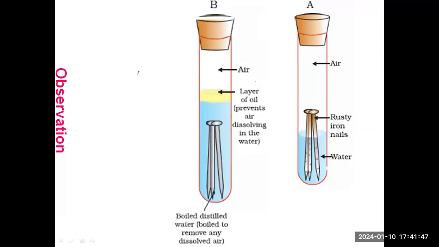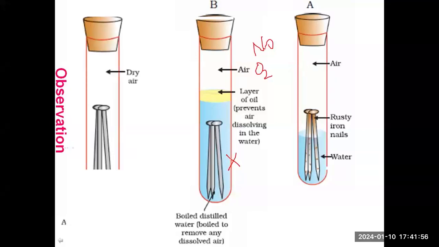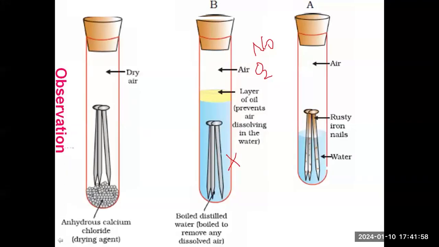The first test tube, where air was there, has both oxygen and water in it. So it got corroded. The second test tube, where oxygen was not available, did not get corroded. And the last test tube, where moisture was not there, no water, also did not corrode.